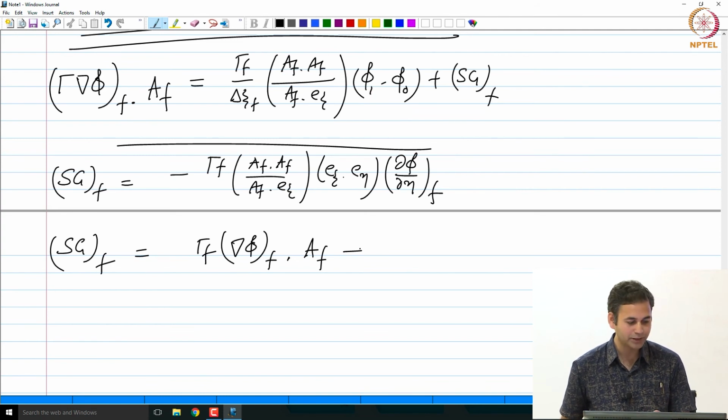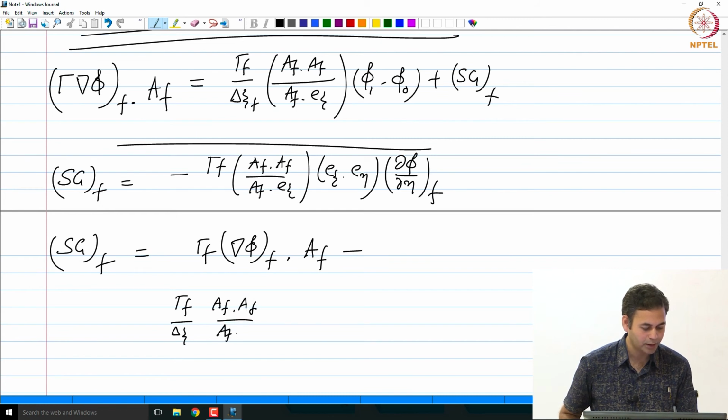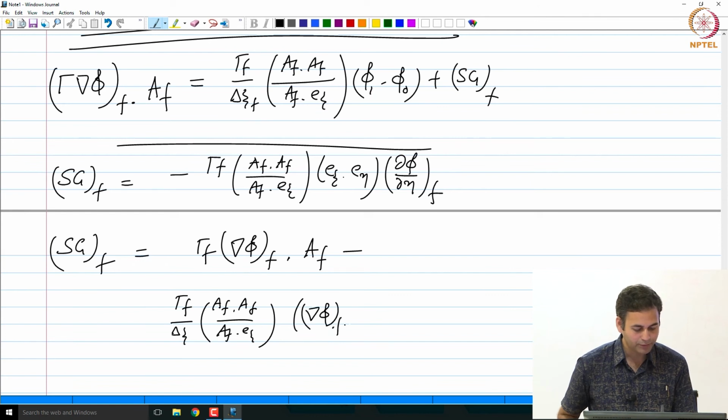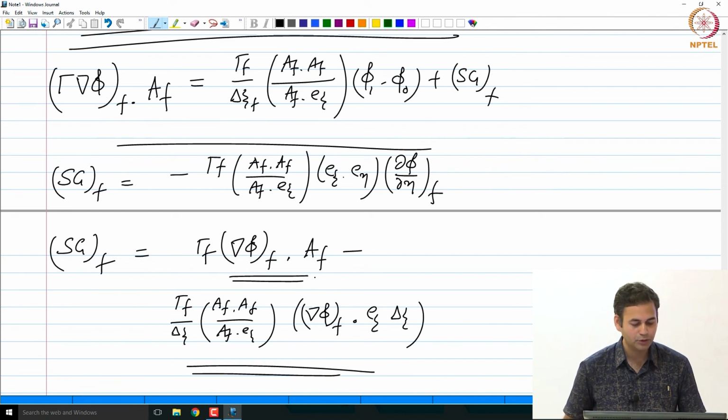The primary gradient is this guy. I would subtract that off. That means minus gamma f by delta xi f, a f dot a f by a f dot xi, times grad phi f dot xi times delta xi. Do you agree with this?